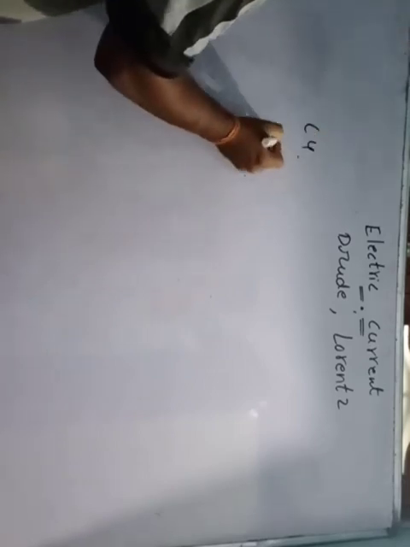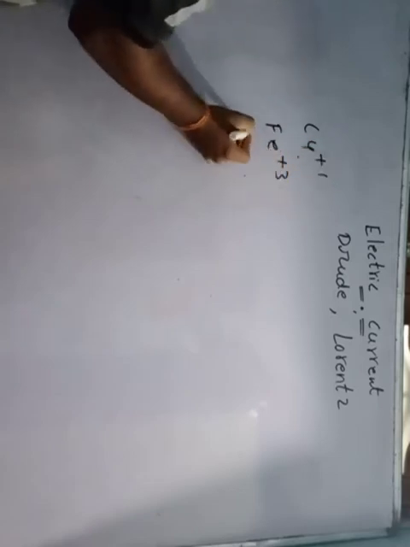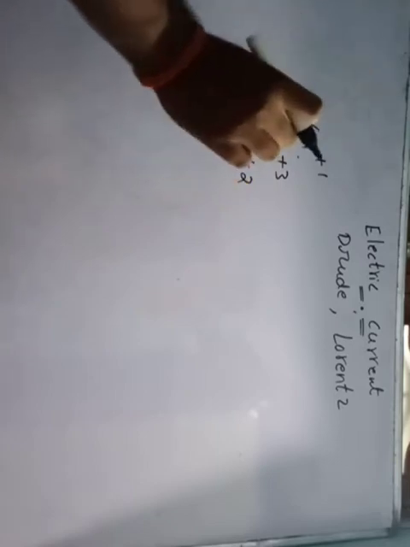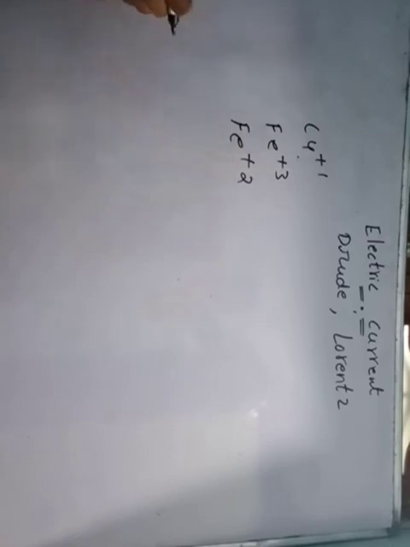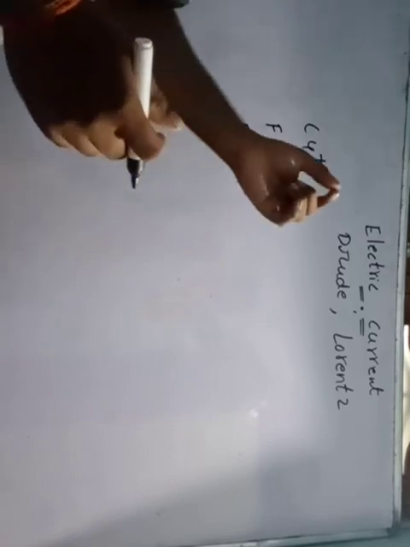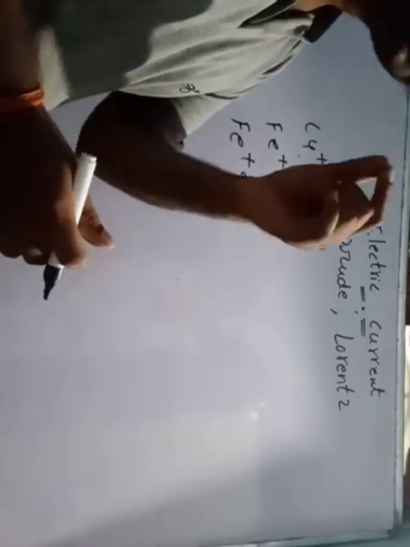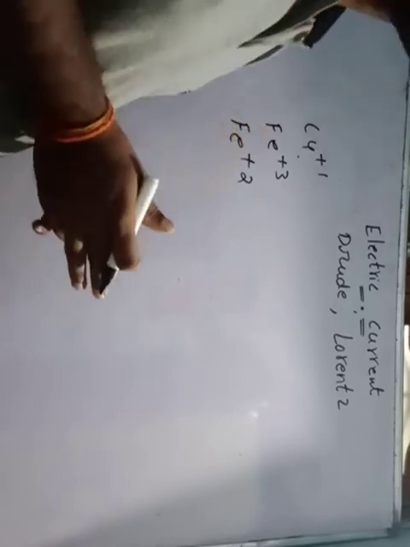Copper and iron form positive ions, which are called cations, meaning they have positive charge. All metals contain a large number of free electrons, while the positive ions are fixed in their locations. Clear?